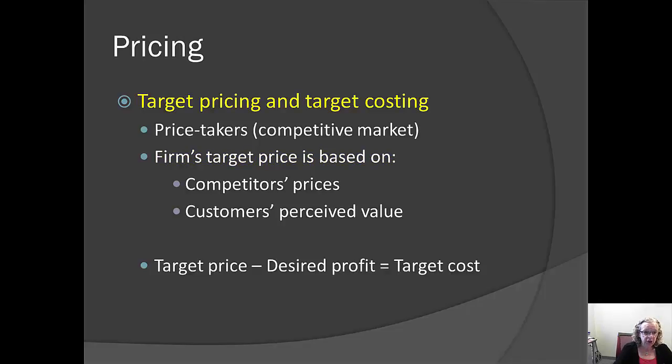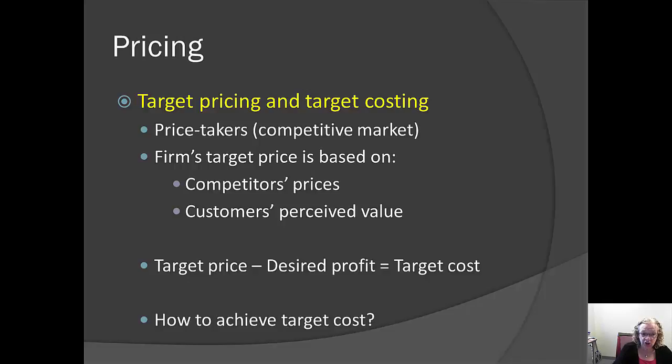Once the firm has determined its target price, it needs to consider how much profit it would like to make from selling this unit. The difference between the target price and the desired profit represents the target cost, the maximum amount that a firm can spend to provide this product.